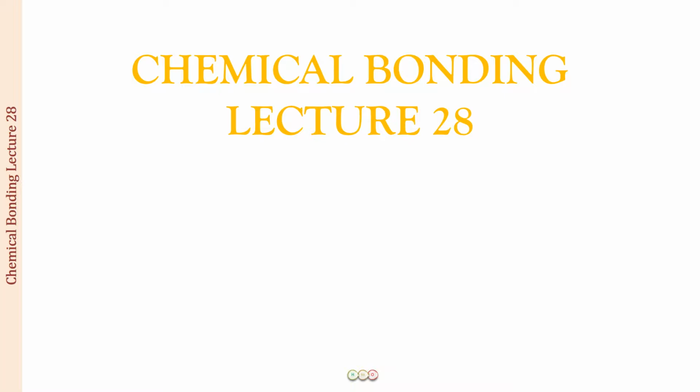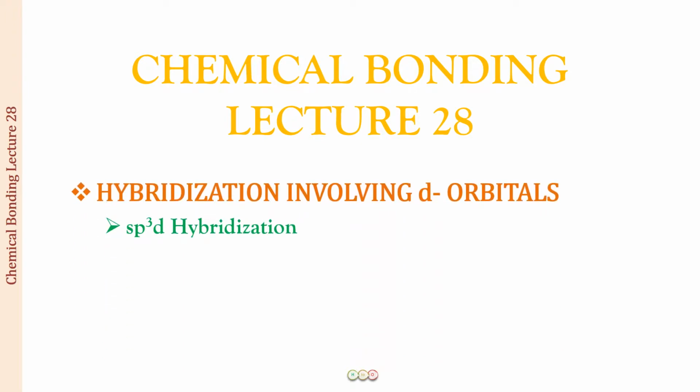We will carry on the discussion further on the types of hybridization, and today in this lecture we start with the hybridization involving d orbitals, wherein we will be learning about sp3d hybridization.